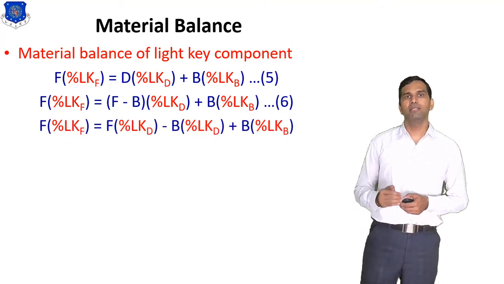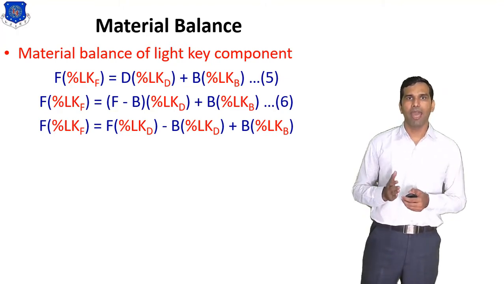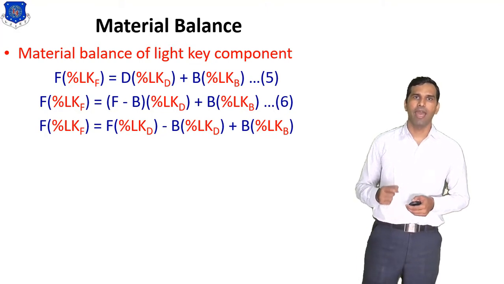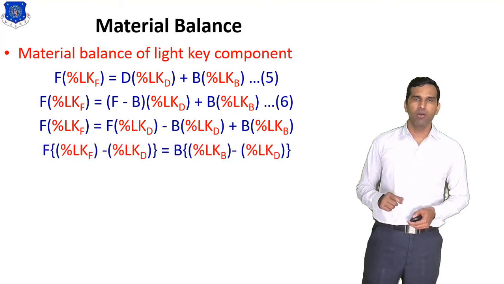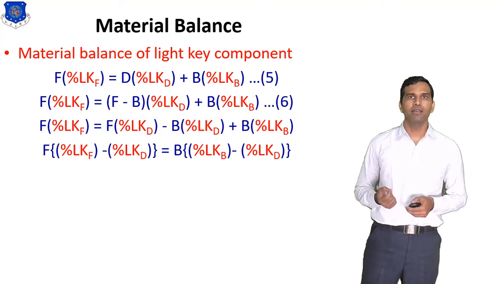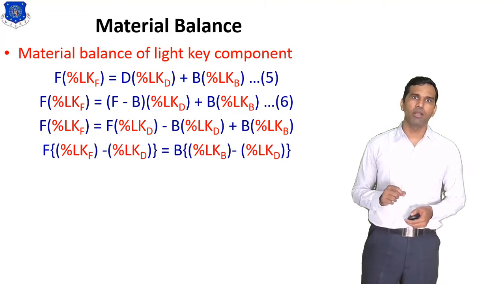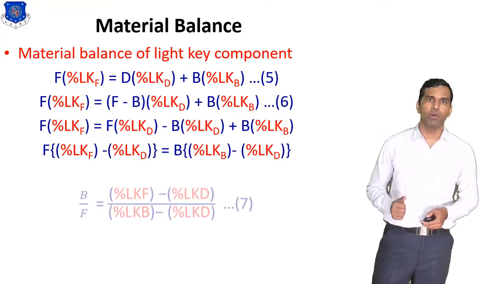Now we simplify this equation. That means F multiplied by LKD minus B multiplied by percentage LKD, and the remaining term is B percentage LKB. Now we simplify: from the left hand side we take F as common, and on the right hand side we arrange the equation taking B common.